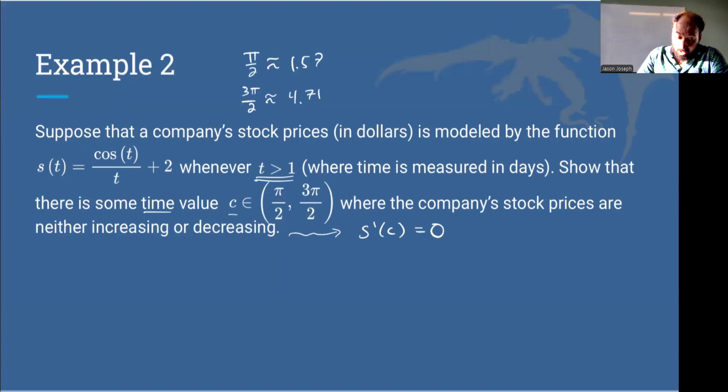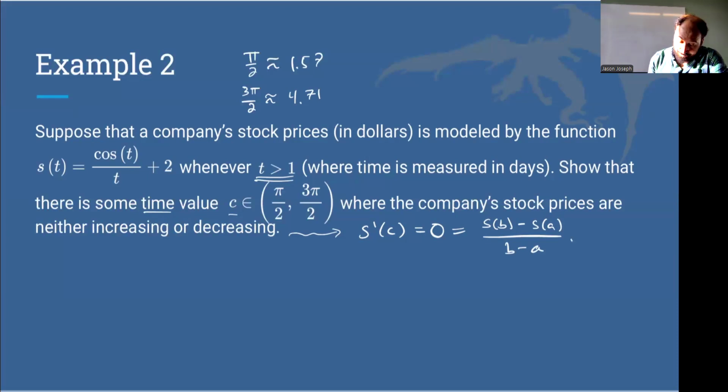And if we're going to try to do this using the mean value theorem, then that s prime of c should hopefully be the average rate of change over some interval AB, where f is differentiable and continuous and all that.